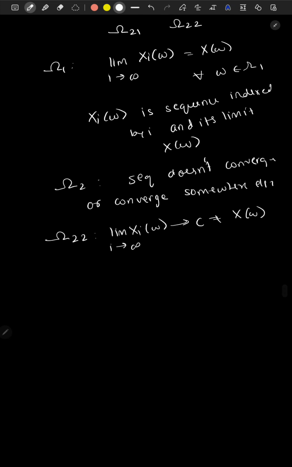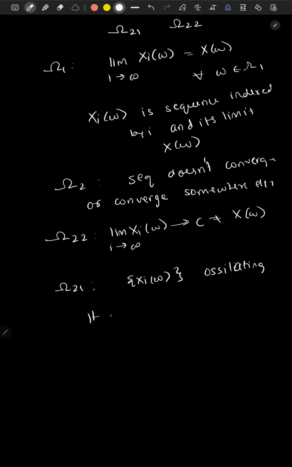Now what are the points collected in omega 2 1? The sequence here is more like a non-convergent sequence, an oscillating sequence. Even among them, it's not that all such sequences are present in omega 2 1. These are the kind of sequences which are not converging. It oscillates but has a subsequence which converges to our point of interest.